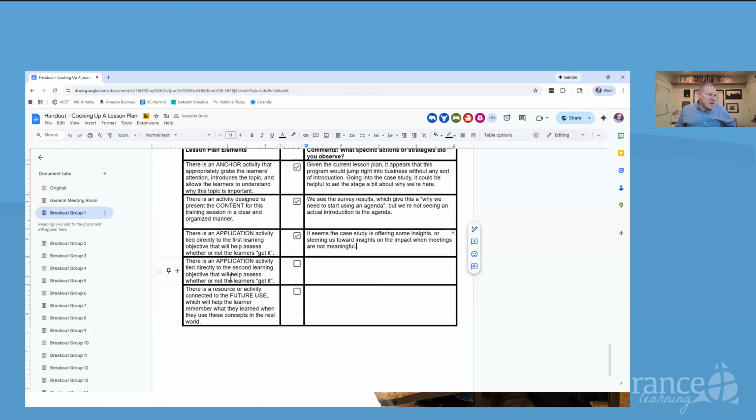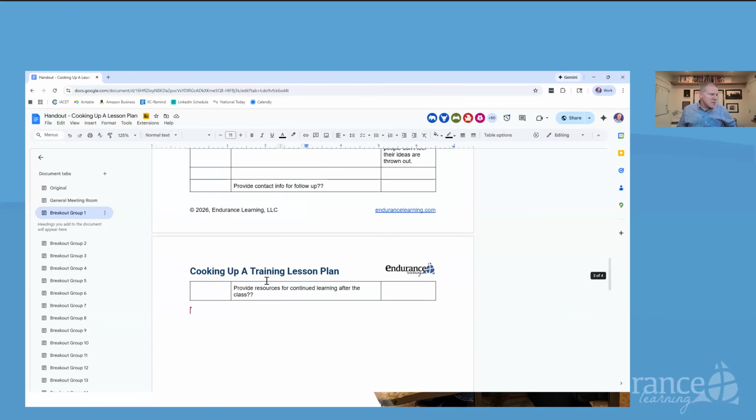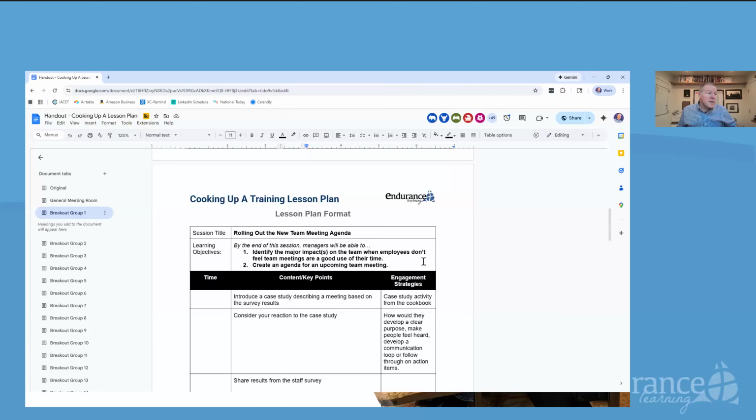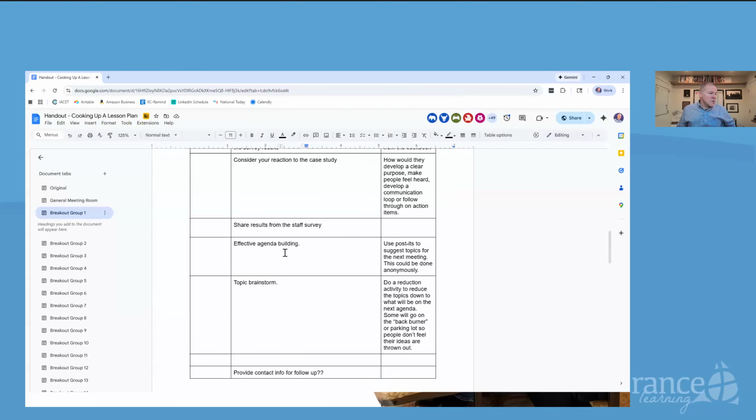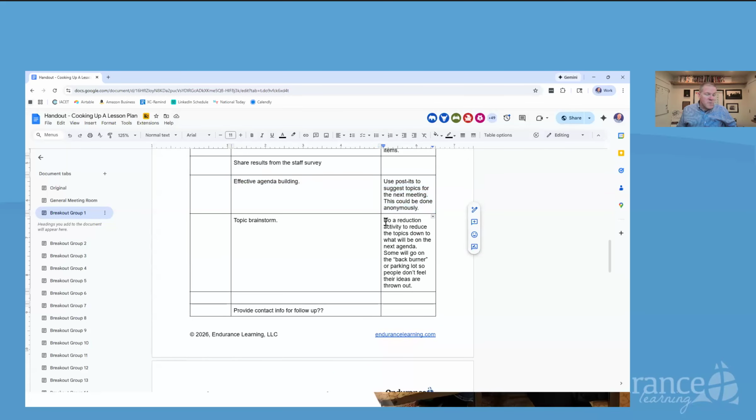Then there's another question. Is there an application activity tied directly to the second learning objective that will assess whether or not they get it? That objective is to create an agenda for an upcoming meeting. Here we have the activity around effective agenda building, where they're brainstorming something for their next team meeting, and then prioritizing some of those activities.